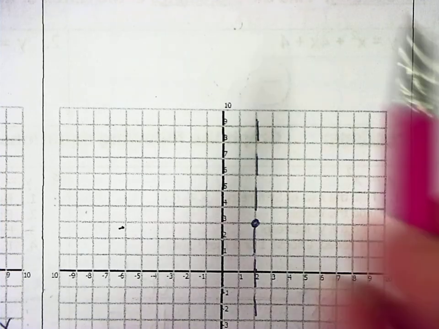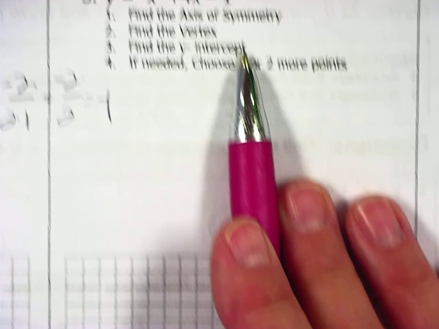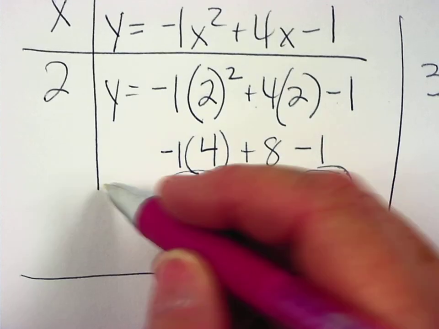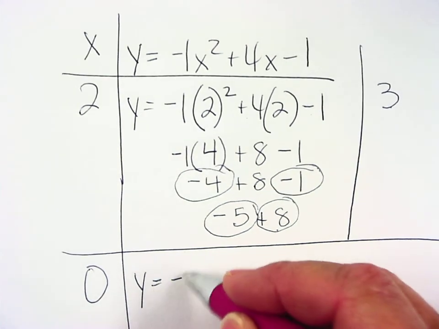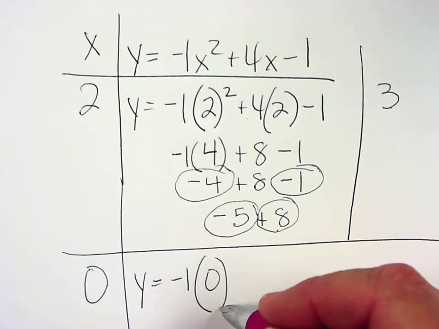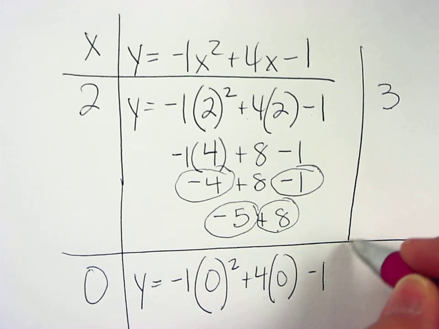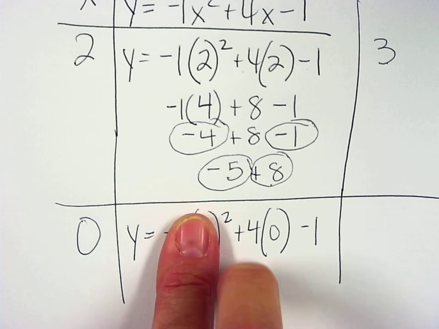To find my y-intercept, I make x equal to 0. So I'm going to take my same equation and make x equal to 0. And we're going to get y equals -1 times 0 squared plus 4 times 0 minus 1. Again, this is 0, and this is 0.